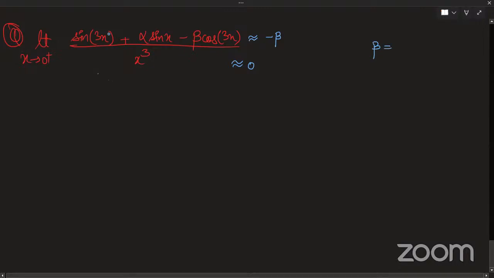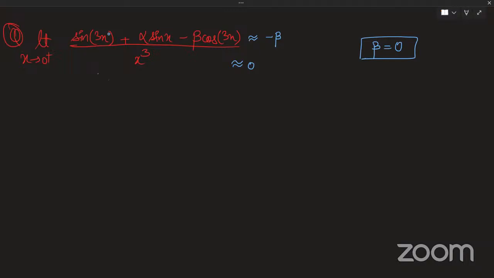Tell me, what should be my value of beta? 0, sir. Because I need to make my numerator also 0, right? So minus beta is equal to 0.